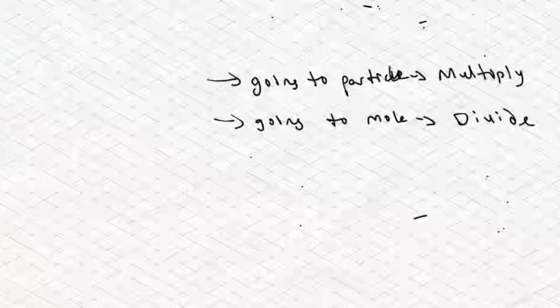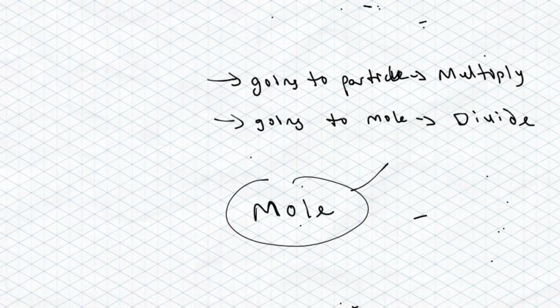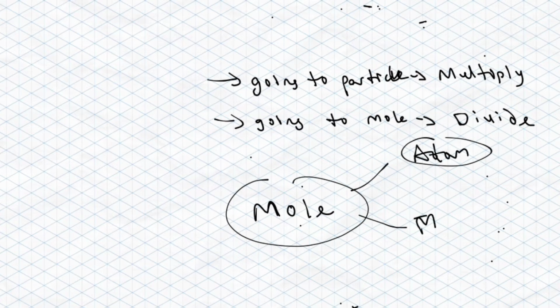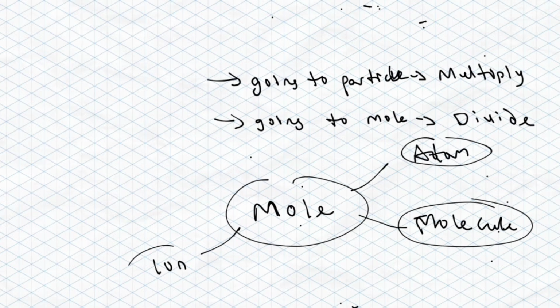So particle can be an atom, a molecule, an ion, as I said earlier. So let's say mole is here. This is mole. So you can convert to atom, can convert to molecule, can convert to ion, can convert to compound or formula unit, anything else, etc. You understand?